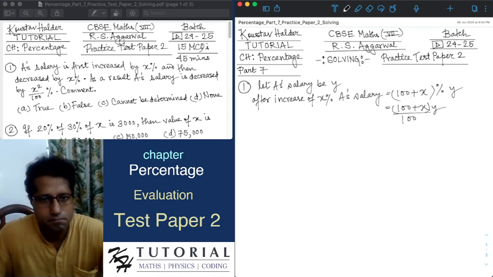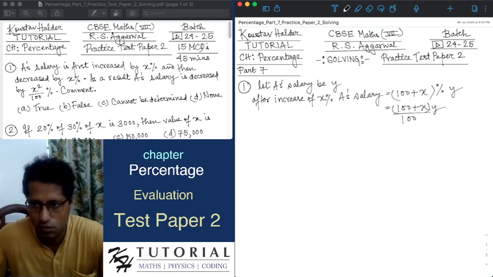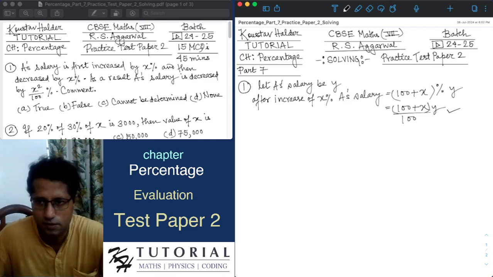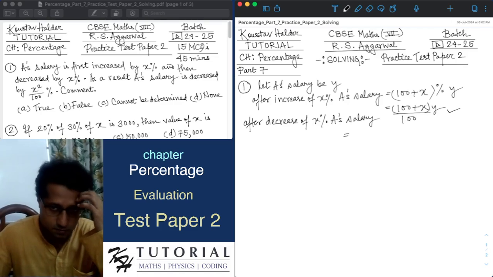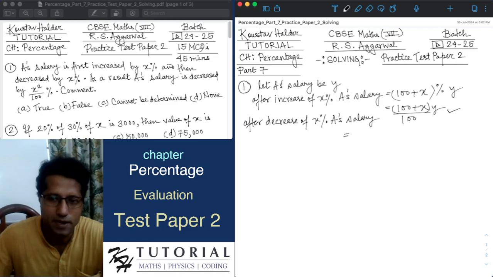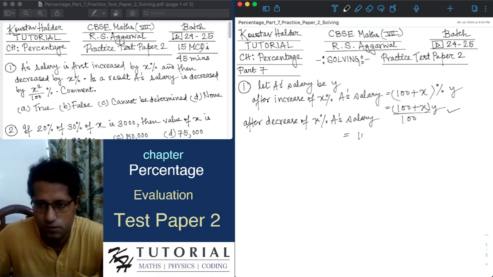Now it is said that after X% was increased, the salary was decreased by X%. Now this decrease of X% is based on the new salary. So after the decrease of X%, A's salary will be, when something is decreased by some percentage, in this case X%, the new value becomes 100 minus X% of the previous value.